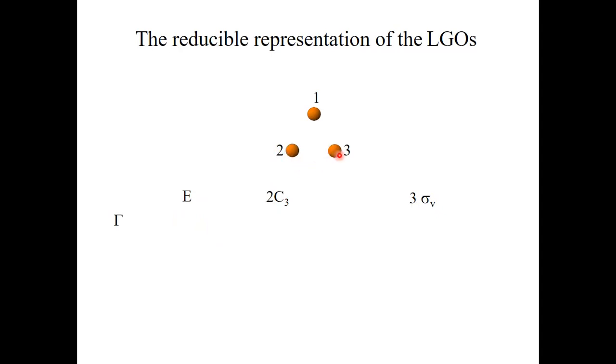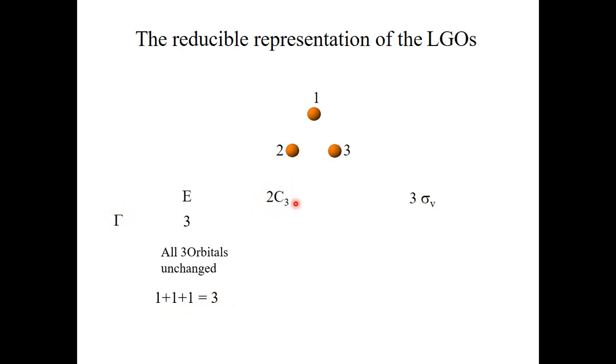If they're getting swapped, then they get the character 0. If they stay at their position, they get the character 1. So for the identity, all three orbitals stay in their position. Therefore, each one will get the character 1. And the sum of these three characters 1 then gives the first character in our reducible representation, gamma.